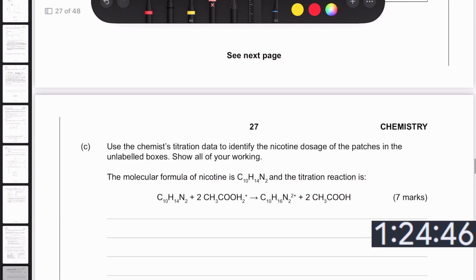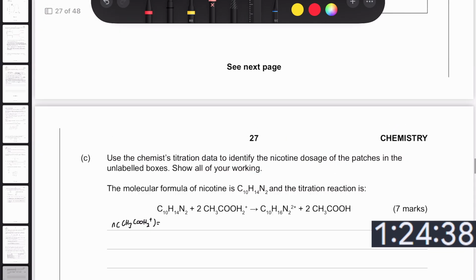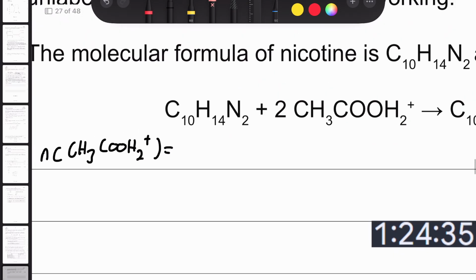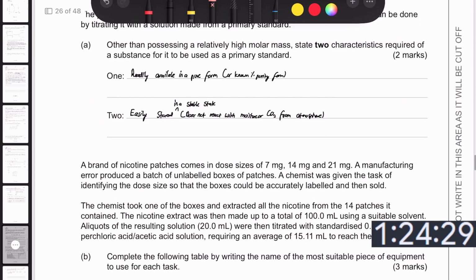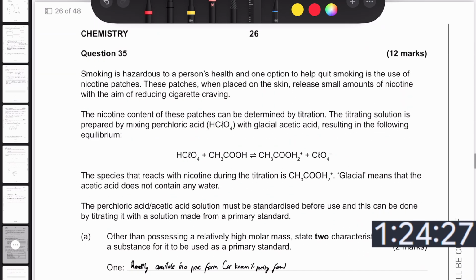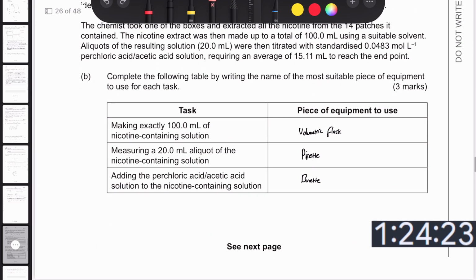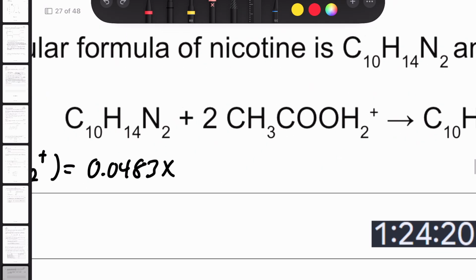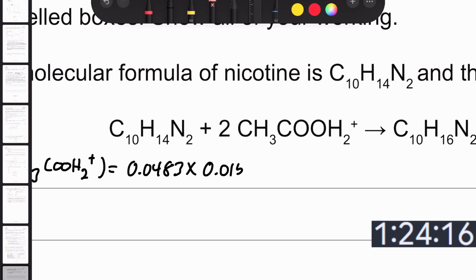The number of CH3COOH2+ is equal to 0.0483 times, I only need to worry about this species because earlier it said it is the only one reacting, and then times 0.01511.